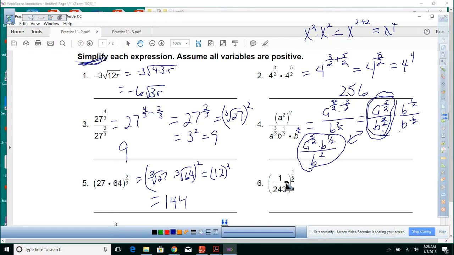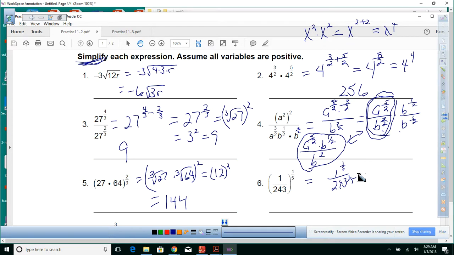All right. So what do we got here? Well, 243 is on the bottom. So this is going to be 1 to the 1/5 over 243 to the 1/5.